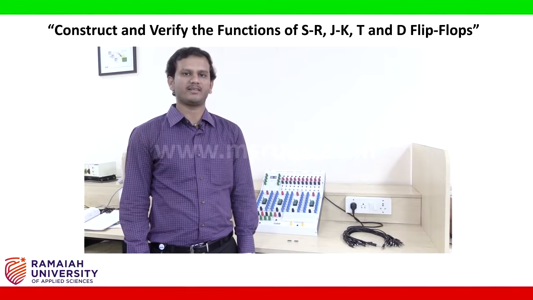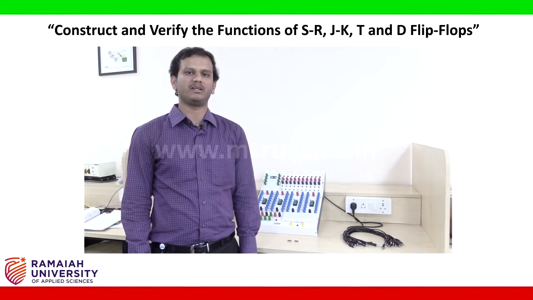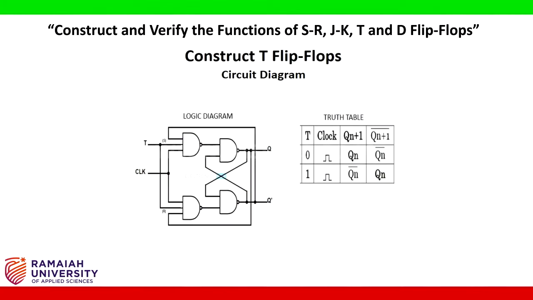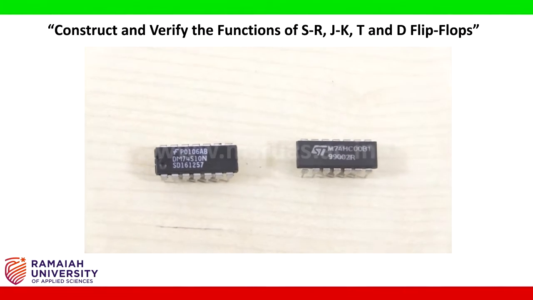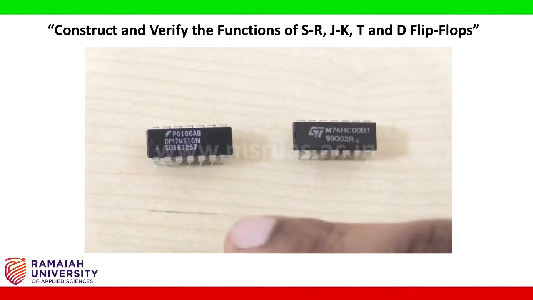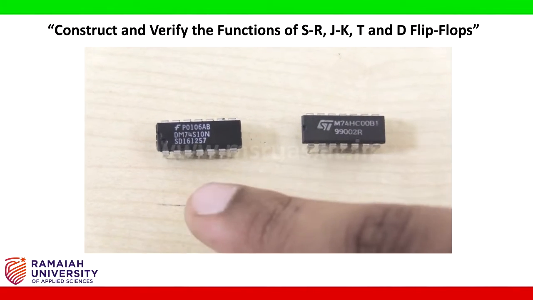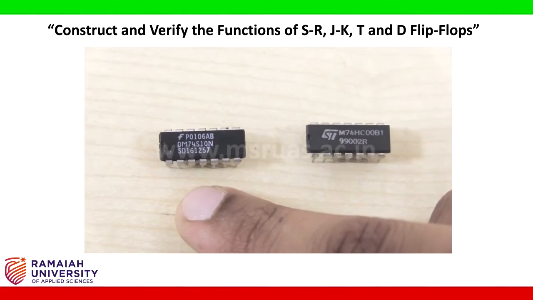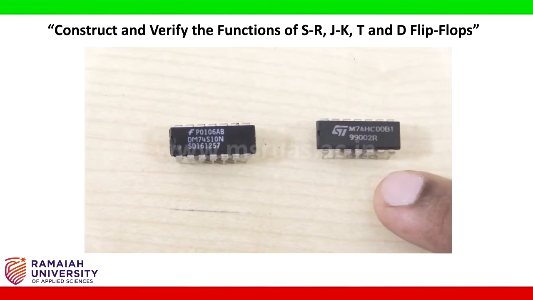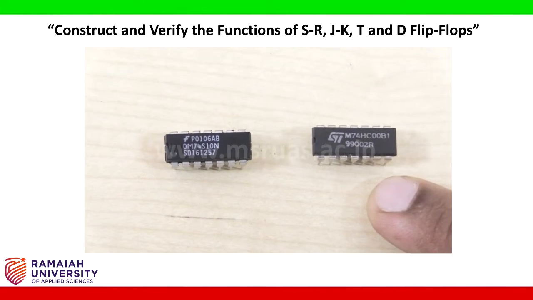Now we will construct and verify the T flip-flop as per the logic diagram. To construct and verify the T flip-flop, we again require two NAND gates. One is a 3 input NAND gate, that is 7410, and another is a 2 input NAND gate, that is 7400.